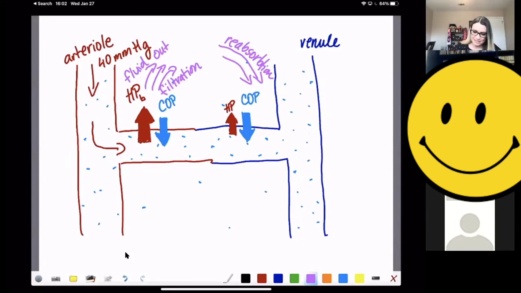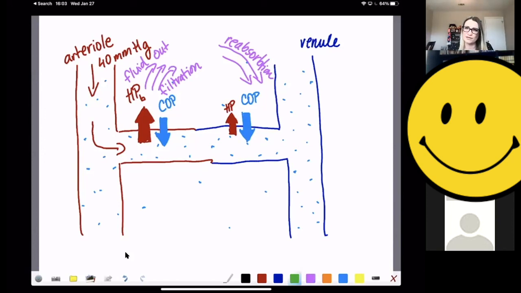And it is due to the pressures changing, well, the hydrostatic pressure changing. The colloid osmotic pressure, remember, does not change. But because the hydrostatic pressure is now lower than the colloid osmotic pressure, fluid is allowed to return back into the capillary, and then it will be collected by the venule.